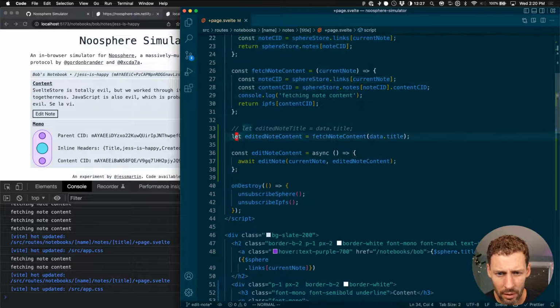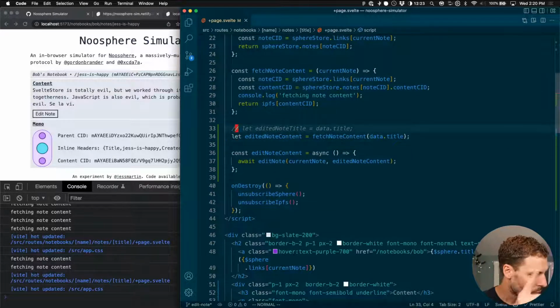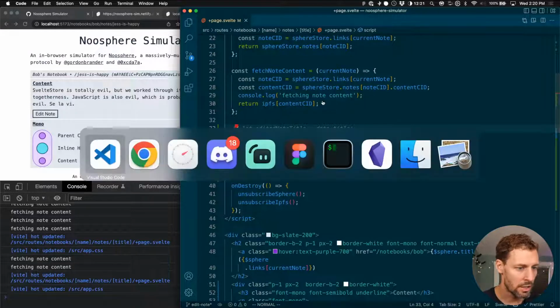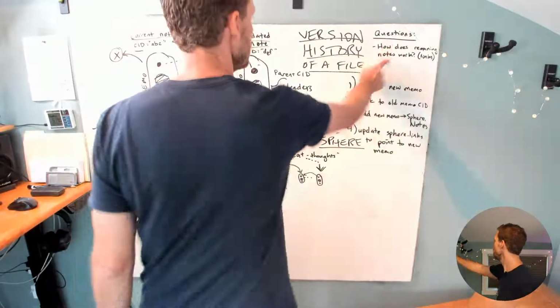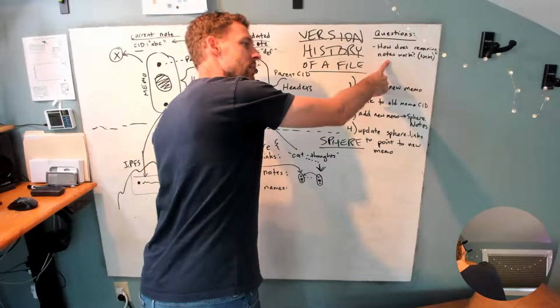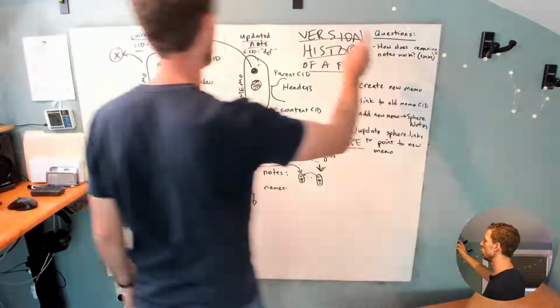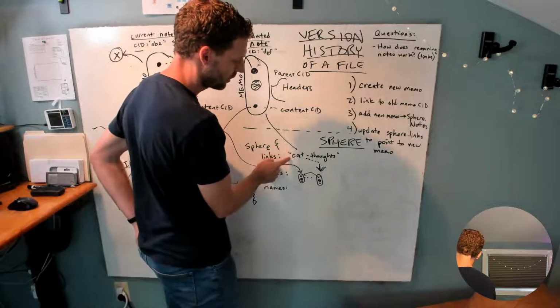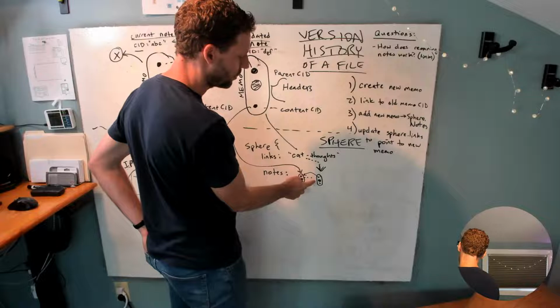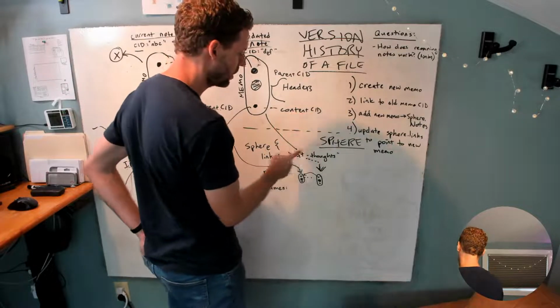Don't need that anymore. Oh, Chris, while I have you on here, I did have one question, which is, how does renaming notes work? So the idea here is that in cat thoughts, I have a note that's pointing to a link, and I can imagine two possible scenarios.